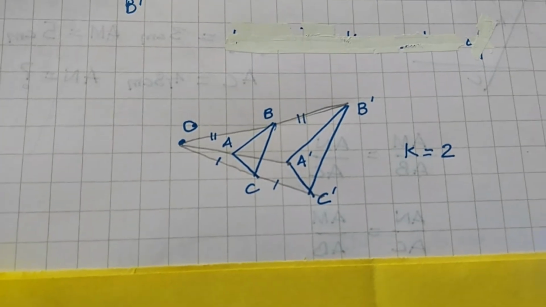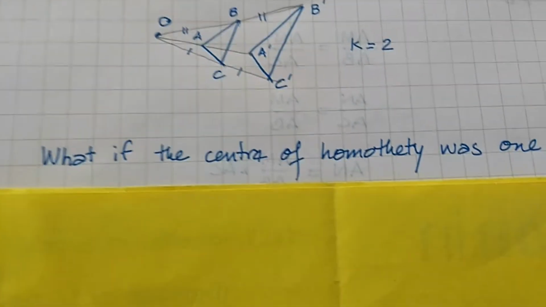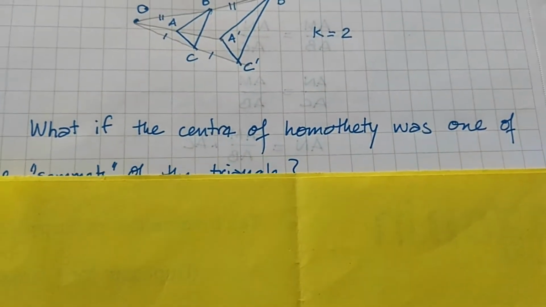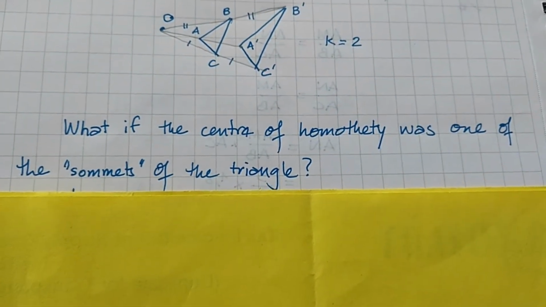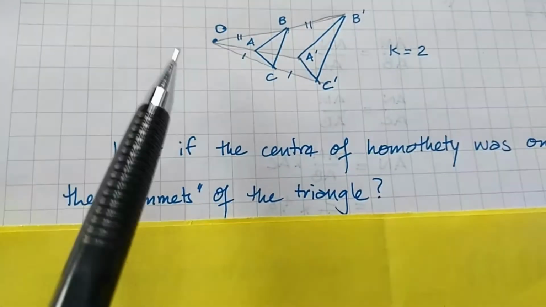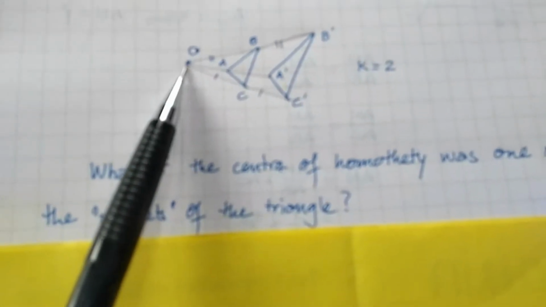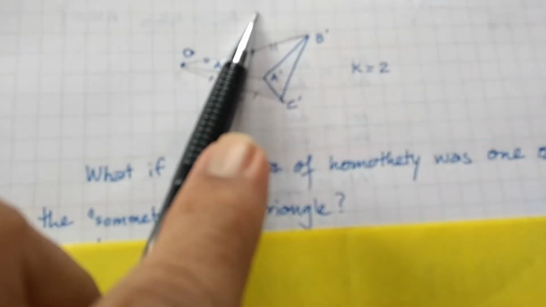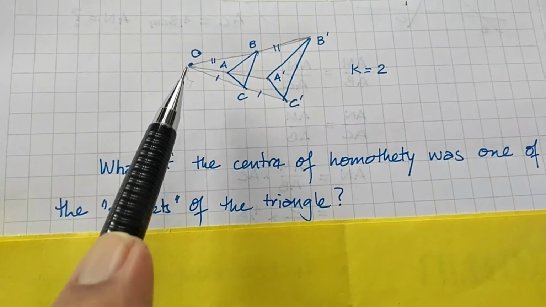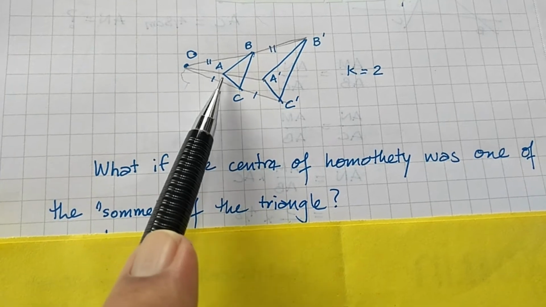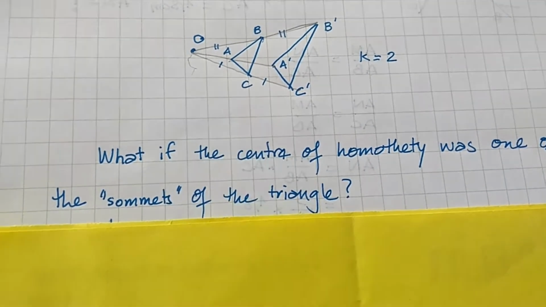This is all this you already know. But now I ask a question: what if the centre d'homothétie was one of the sommets of the triangle? So instead of taking O there, what if I took O on point A itself?